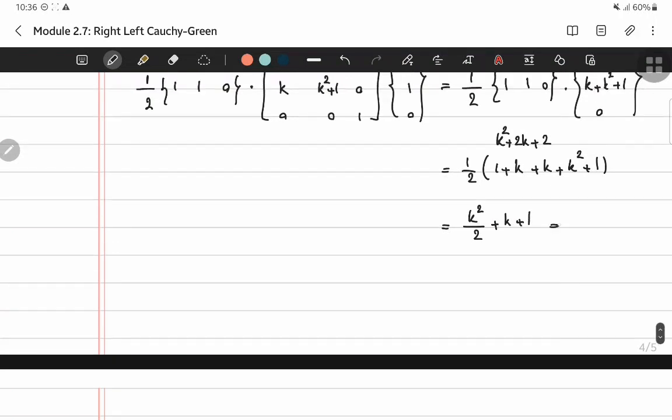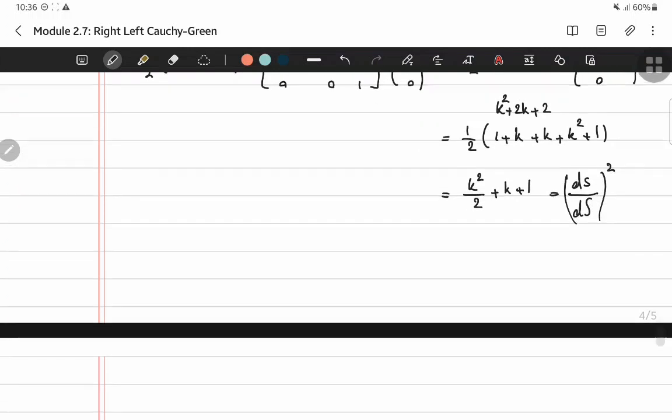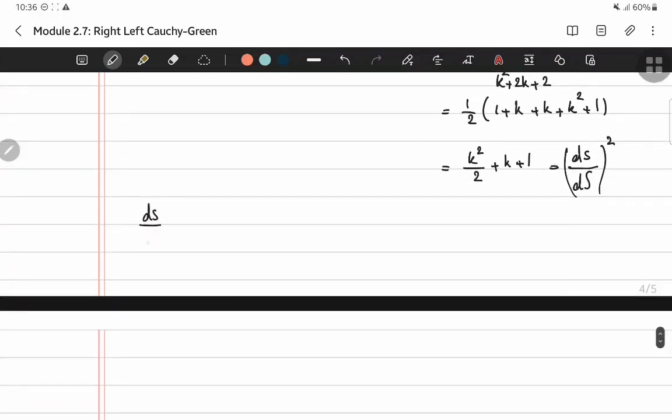And remember here that this is ds divided by d capital S squared. So ds divided by d capital S is the square root of this expression in here, k squared divided by 2 plus k plus 1.